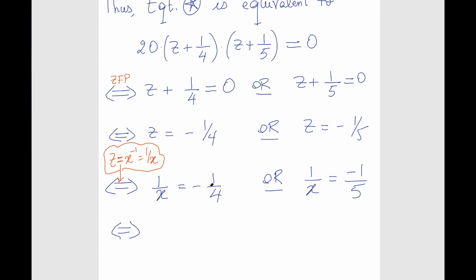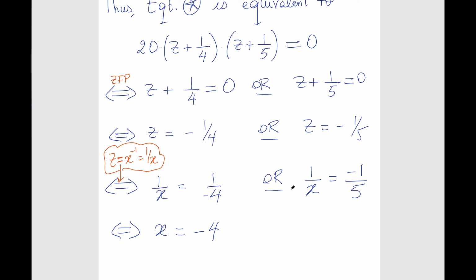Minus 1 over 4 is the same as, because this minus can either go upstairs or downstairs or at the level of the fraction bar, right? How about I erase it from here and take it downstairs. Now read this: the reciprocal of x is the reciprocal of minus 4. So what should x be then? It's minus 4, right?